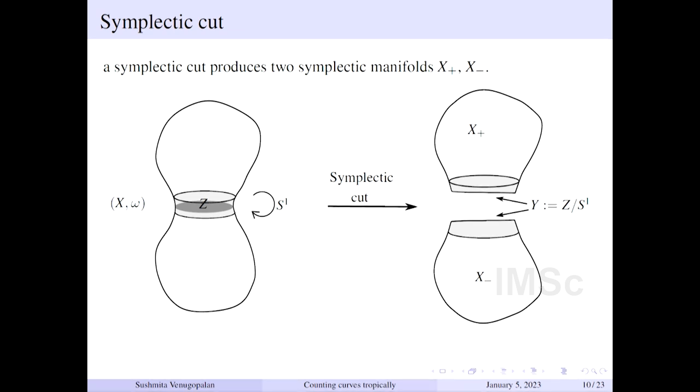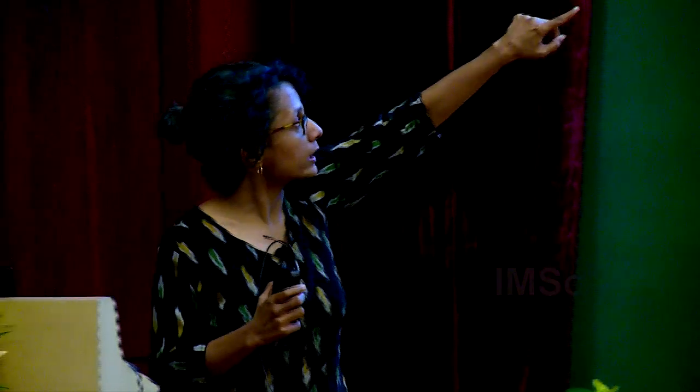What a symplectic cut does is it separates the manifold along this hypersurface, but then it becomes a manifold with boundary. To get rid of the boundary, you mod out the boundary by the S1 action, so that in the end the results you get are actually closed manifolds. They don't have boundaries, and Z mod S1, which sits inside both of them, is a codimension 2 submanifold, or a divisor, or a subspace, whatever word is most comfortable for you.